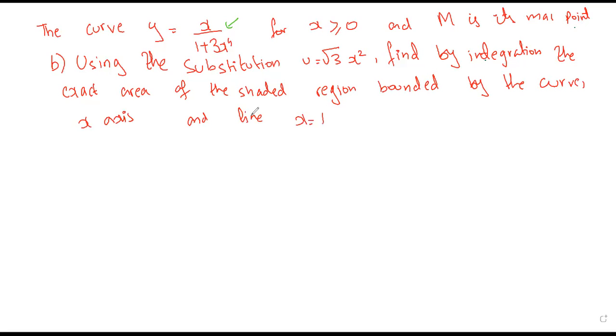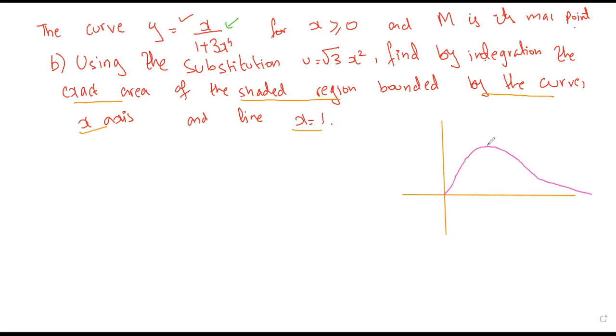Now the curve, this is the curve, and you have been asked to find the exact shaded region bounded by the curve, x-axis and line x equals 1. So let's plot the curve here. You have to integrate it from 0 to 1.